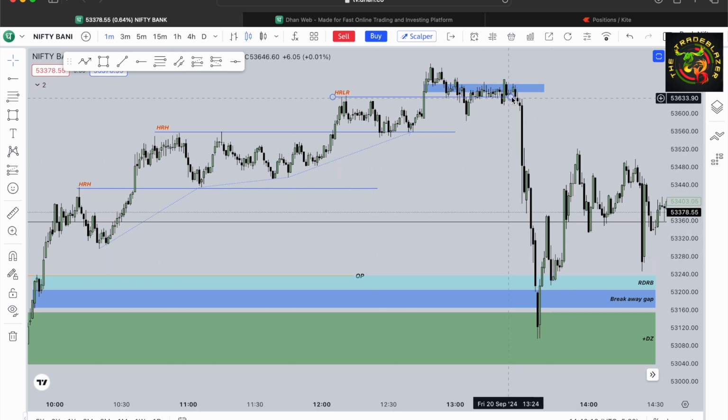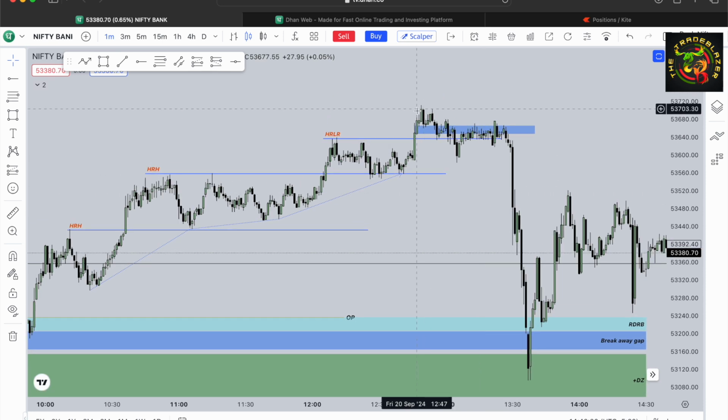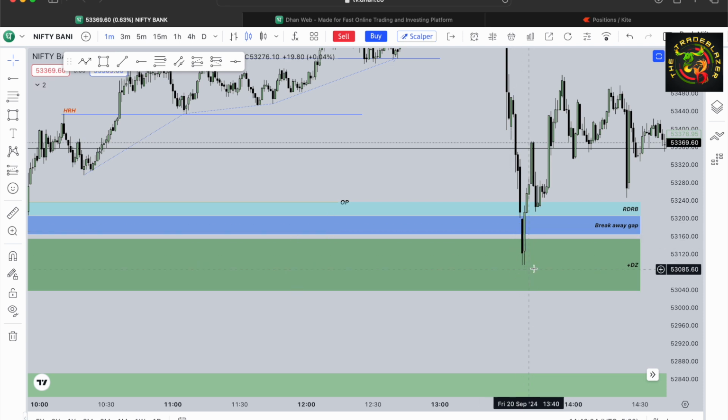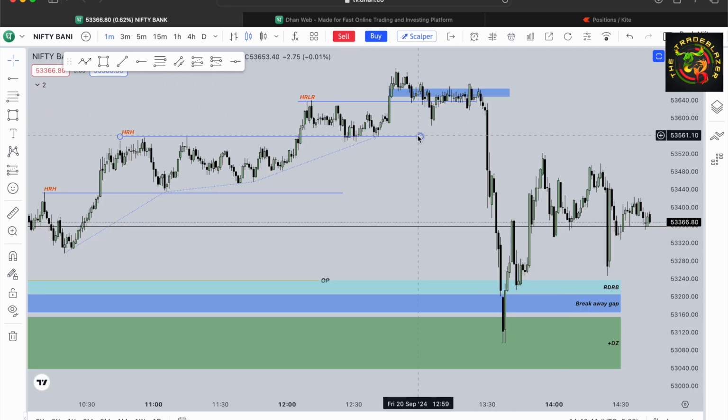Okay, so you can see here the high resistance liquidity run happened here, and after that price is failing to strongly trade above this zone that I have marked, and then starts moving down and then taps into this demand zone. So it's a perfect short setup.